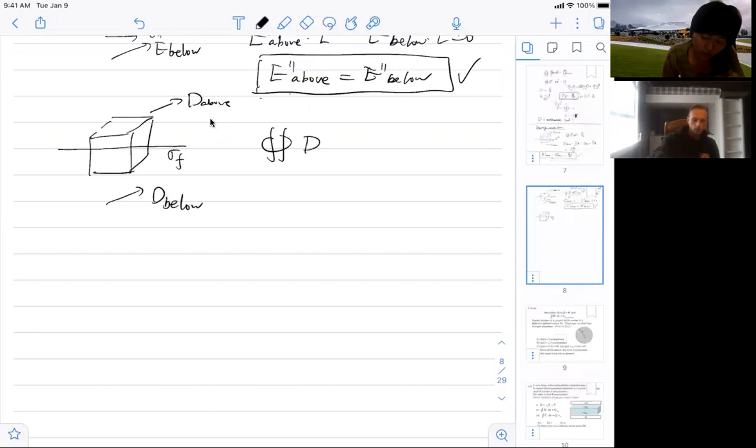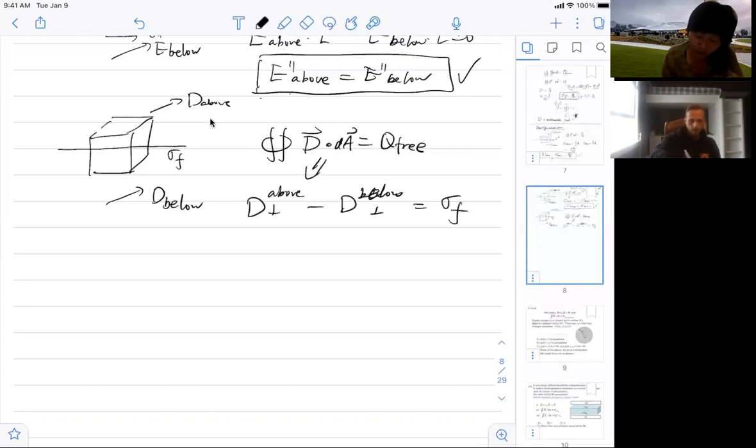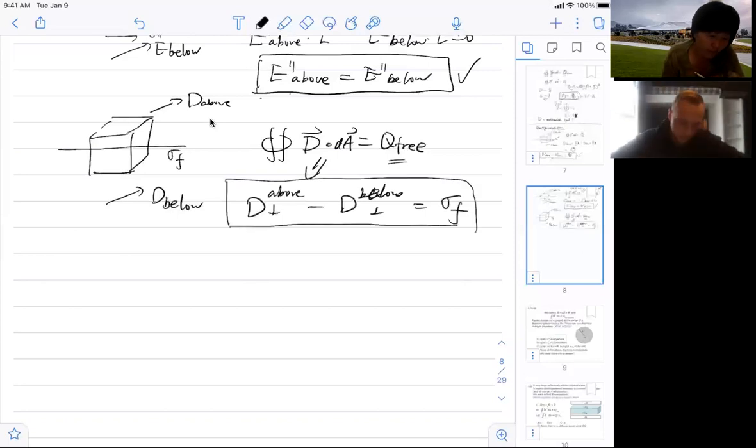Using the same method, you can see that this will reduce to D above minus D below, the perpendicular, is going to be sigma F, because this is about the D field. So this might be helpful when we find D. If you know the free charge density, you can apply the boundary conditions and that helps you find D. That's one of the boundary conditions that might be useful.